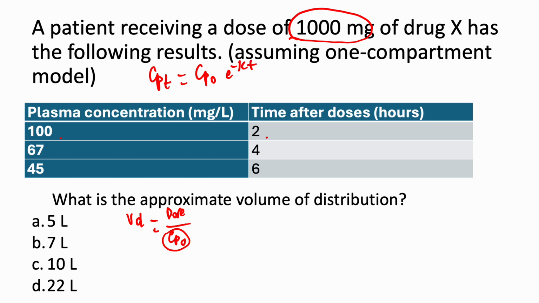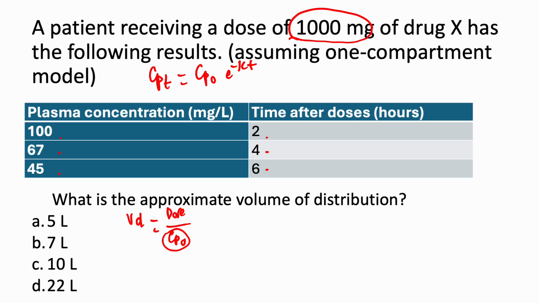So if you know Ct, you know k and you know t, then you can know the C0, and then you can plug in here to calculate. So how to calculate C0 here? You have three time points, so you can select any time point to calculate the C0.